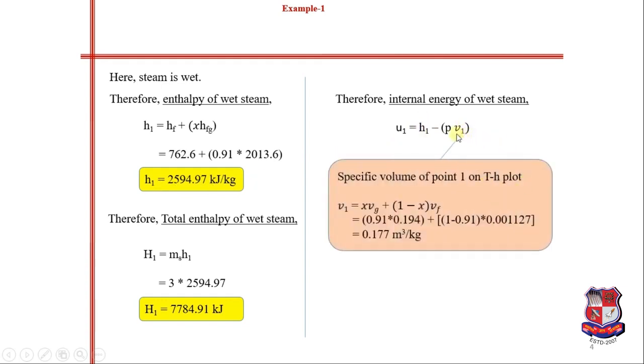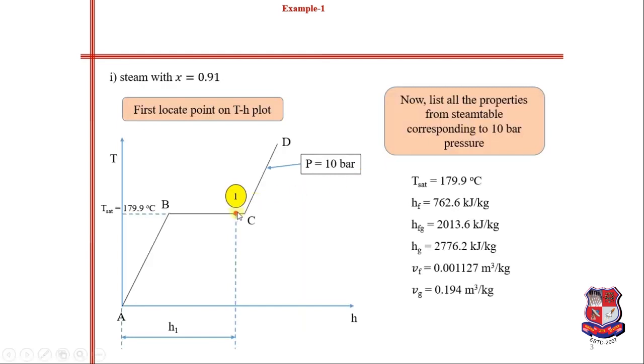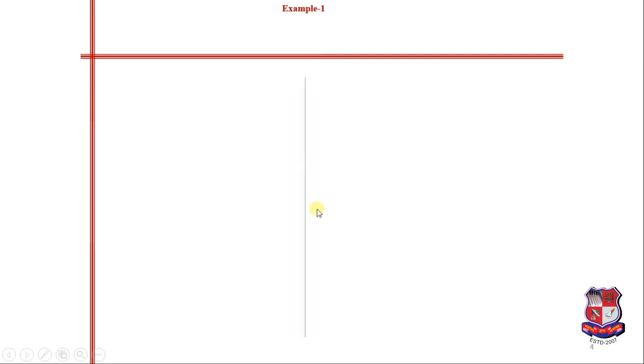Okay. Pressure is 10 bar, and V1 means volume of point number 1. From steam table we can find volume of point B, volume of point C. Point 1 is in between B and C, means it is in wet region.